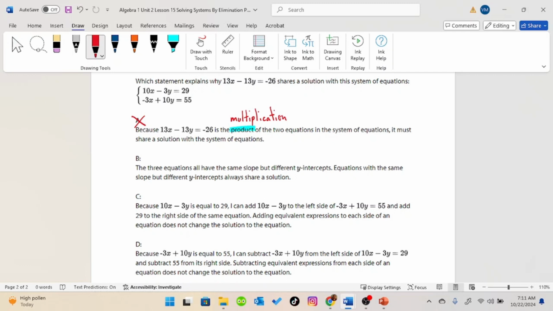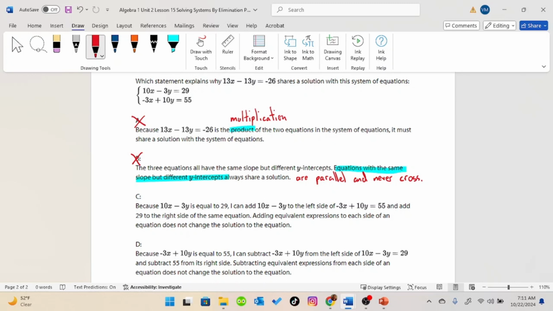Equations with the same slope but different y-intercepts always share a solution. What's wrong about this one is that equations with the same slope but different y-intercepts are parallel and never cross. So they would never share a solution. So B cannot be correct.